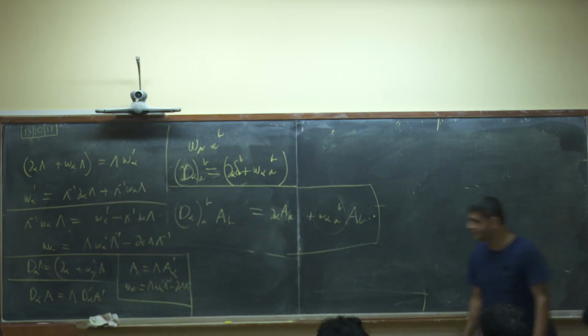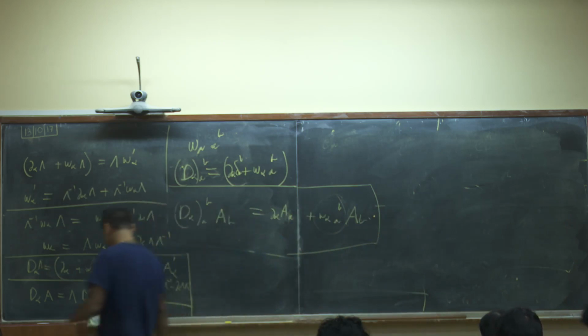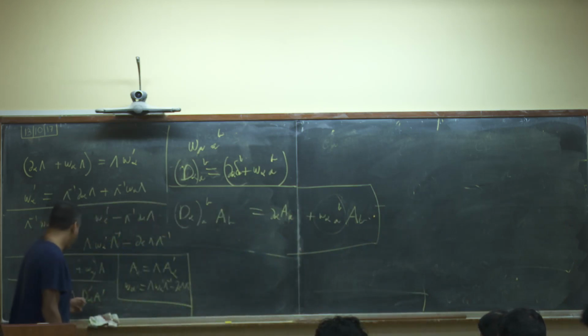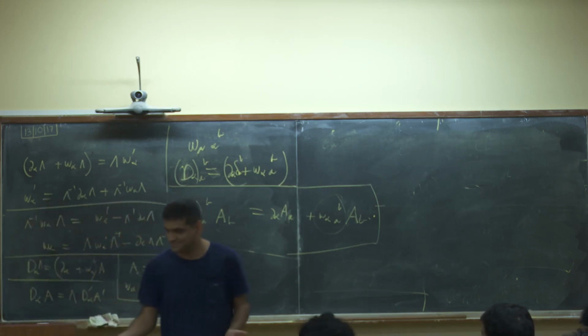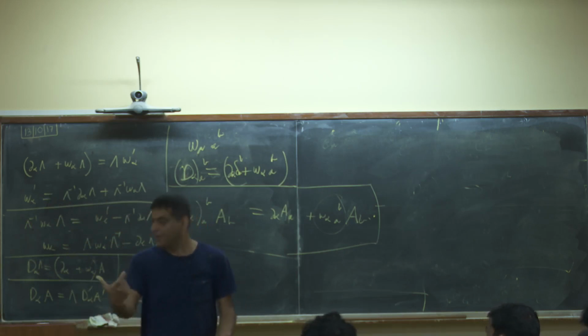Okay? Now, I've told you how to define a covariant derivative for an object with one lower index, but it's totally clear how to generalize this to n lower indices, or to n lower indices and m upper indices.